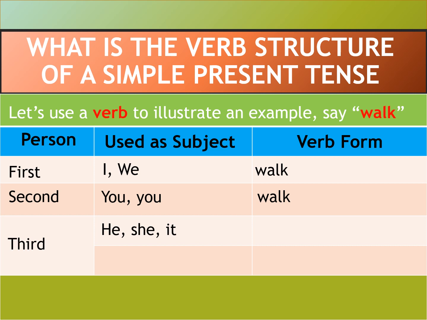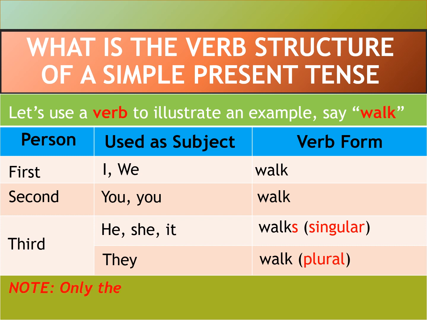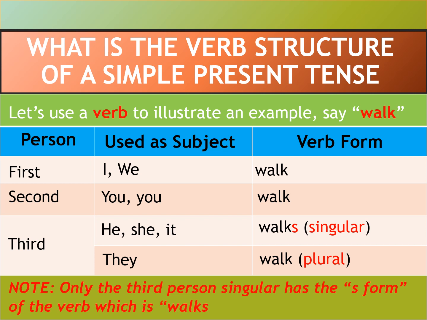We now have the word walks because it is singular, while they, under third person, the verb form is walk because it's plural. Note, only the third person singular has the S form of the verb, which is walks. The rest is only walk.